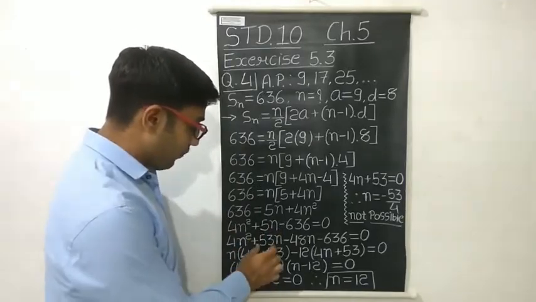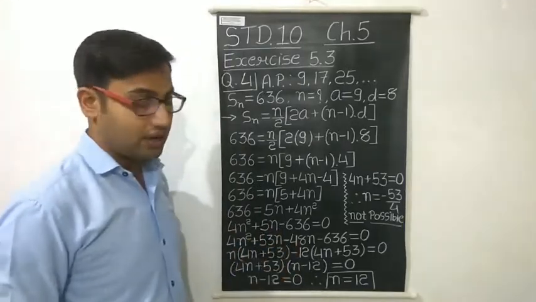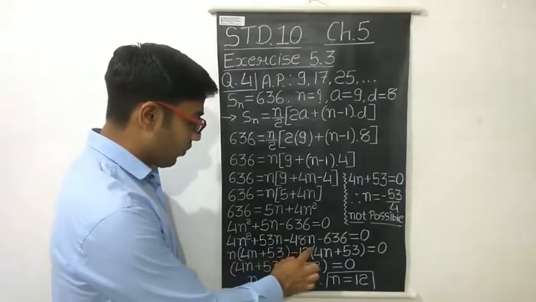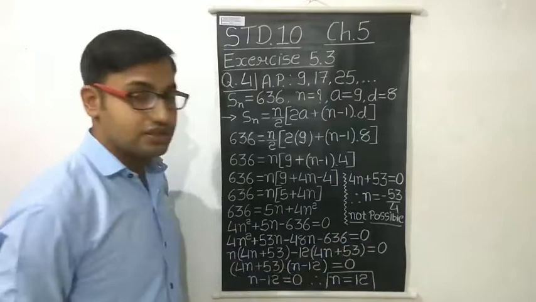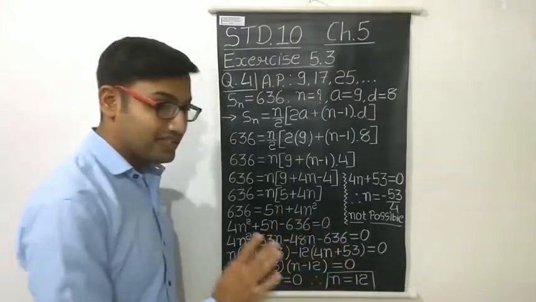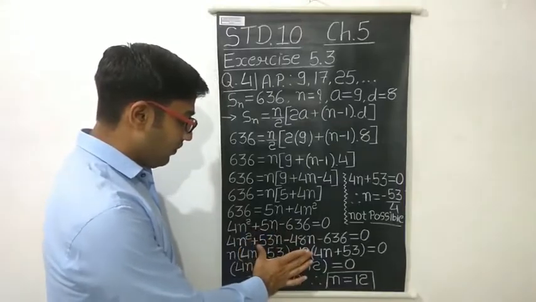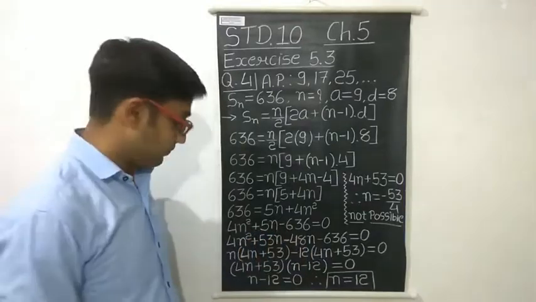So here we will get two factors, 53 and 48. So 4n square plus 53n minus 48n minus 636 is equal to 0. So we write down 5n as 53n minus 48n.